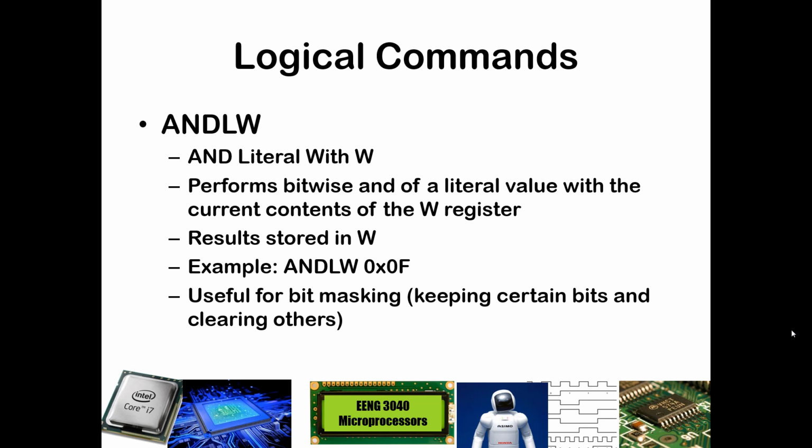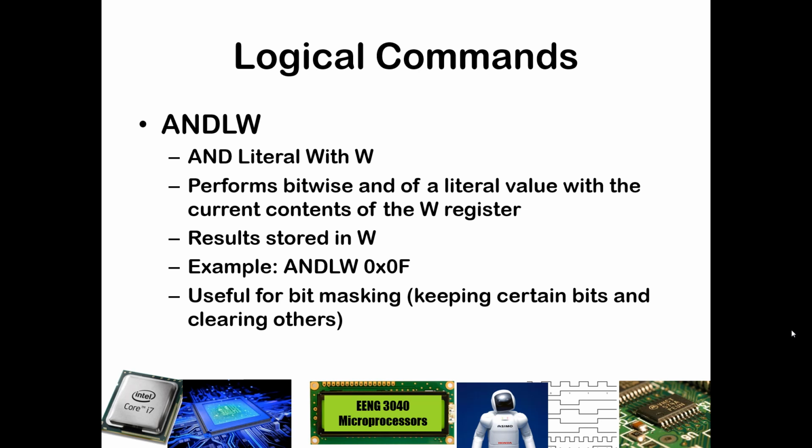And so if you said ANDLW 0x0F, then you know that the most significant 4 bits of the result would go to 0, and then the least significant 4 bits would be the same as whatever the least significant 4 bits already were in the W register.